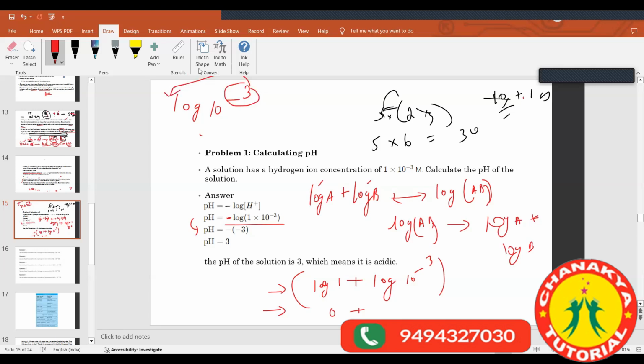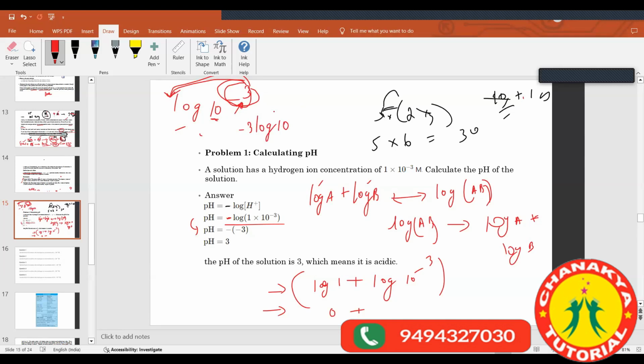It is a rule in log. I can take this power and multiply it in the front as a coefficient. So I can write like this, minus 3 into log 10.